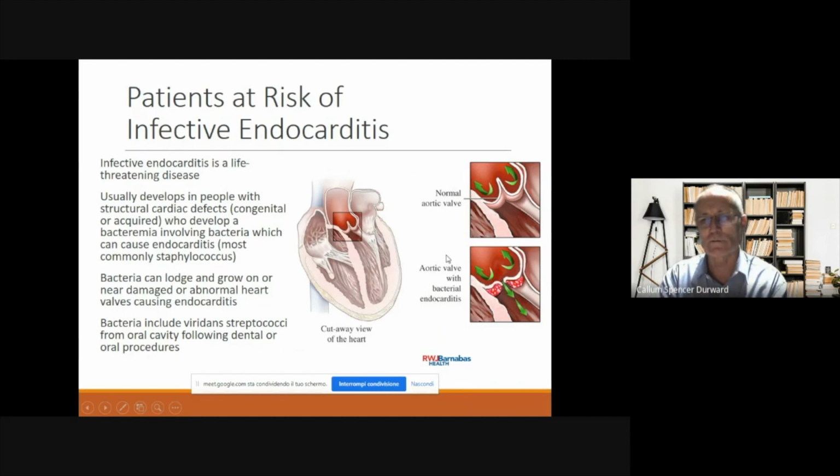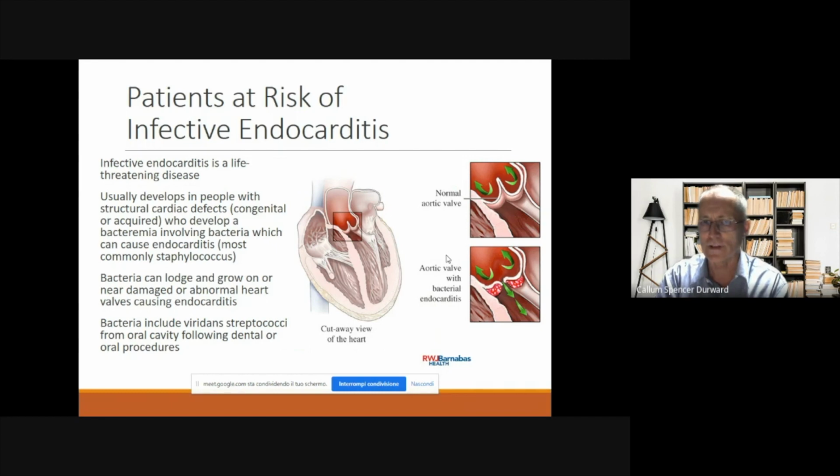The next group of patients are those who are at risk of infective endocarditis. Infective endocarditis is an infection that affects the inner lining of the heart and the heart valves, and it can be life-threatening.